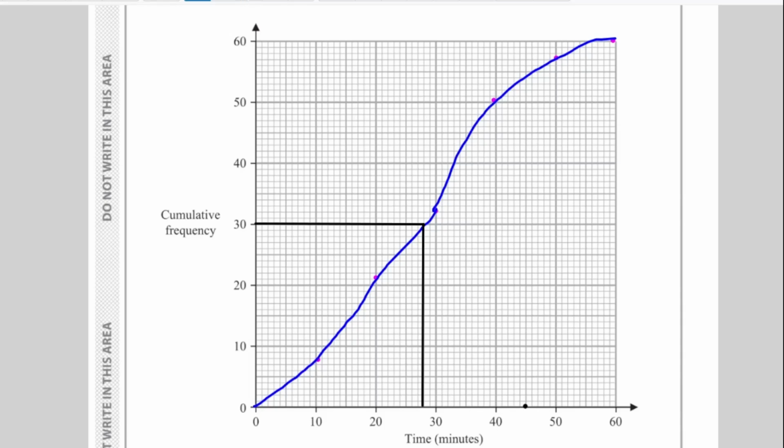So more than 45, let's draw a line which is more than 45. I have to come all the way from the time 45 to the curve, then get this reading. Okay, this is the reading that I'm getting here. What is this reading? How do we get this reading? I know that this is 54.